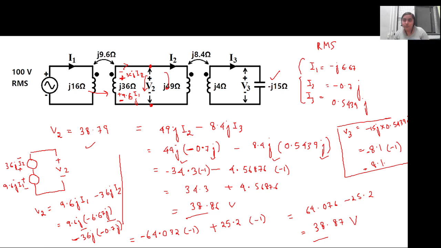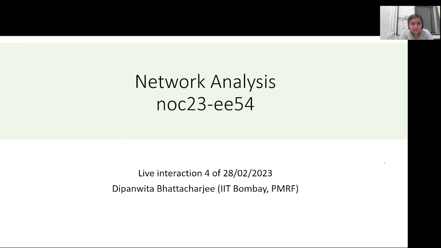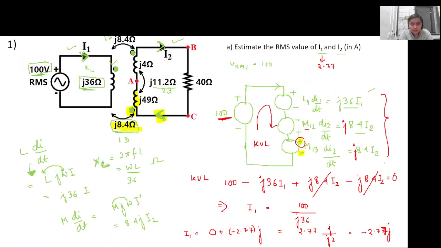Excuse me, madam. In the first question, the answer of I1 was found to be minus 2.7j. So what should we write as the RMS value of I1, minus 2.7 or plus 2.7?